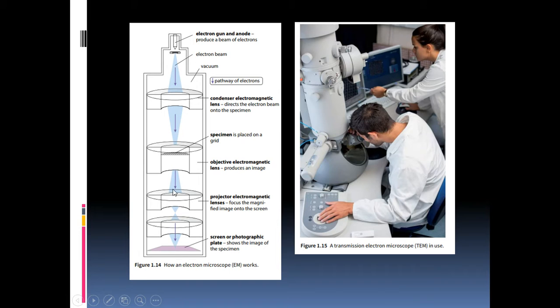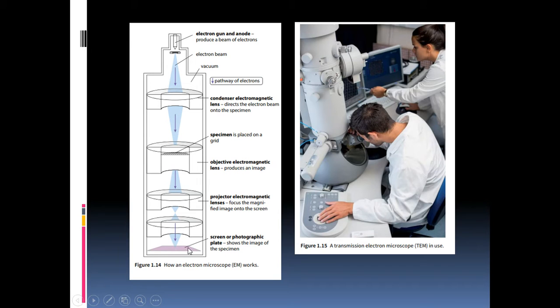If the electrons hit the specimen in the middle, for example, and it just happens that the middle part of the specimen is denser than the rest, the penetrated electrons will pass through with slightly reduced speed. The beam will finally be focused onto a fluorescent screen down here.